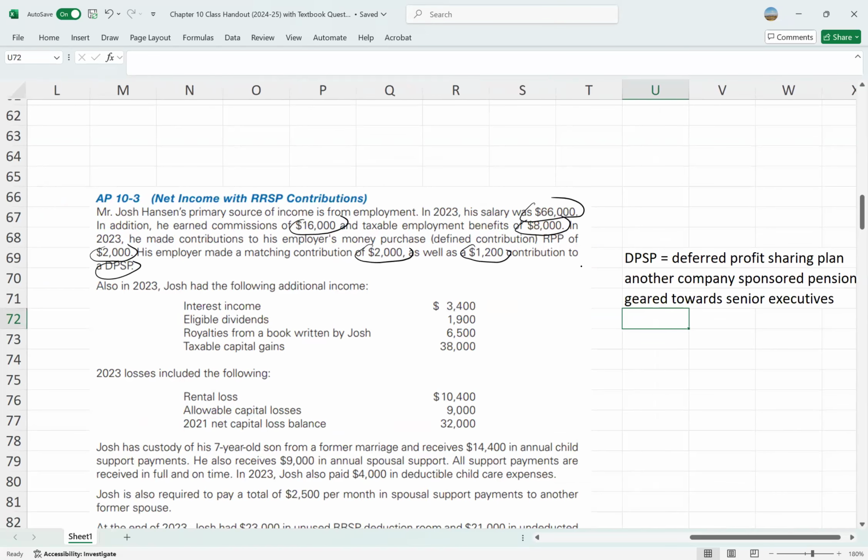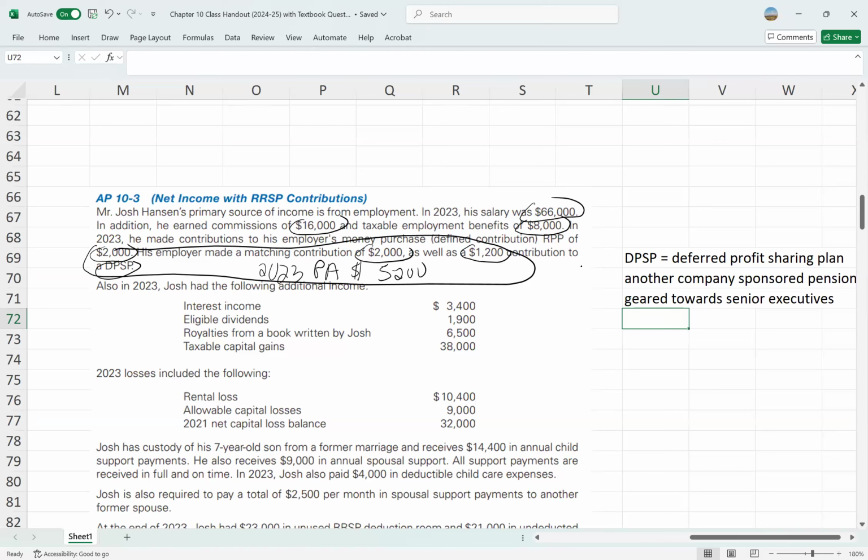So all these amounts, the 2,000 that he put in, the 2,000 that the employer put in, plus the 1,200 that the employer put in to this other pension plan, that will total the pension adjustment for 2023. And so the pension adjustment for 2023 is going to be $5,200.